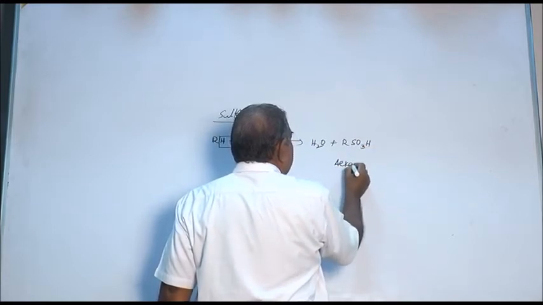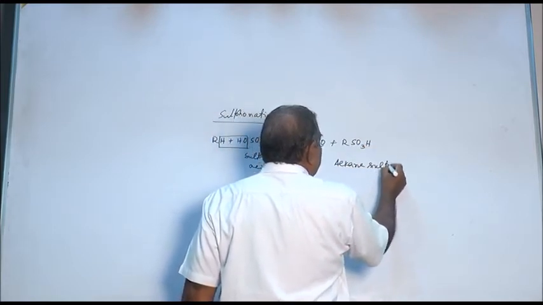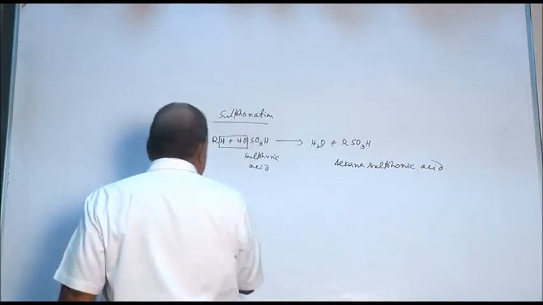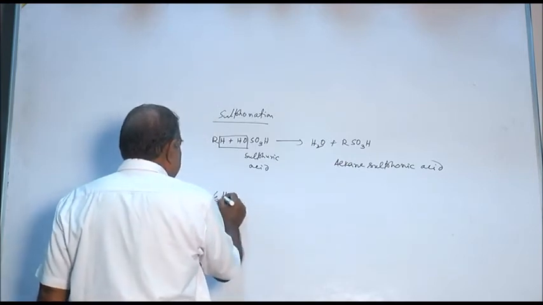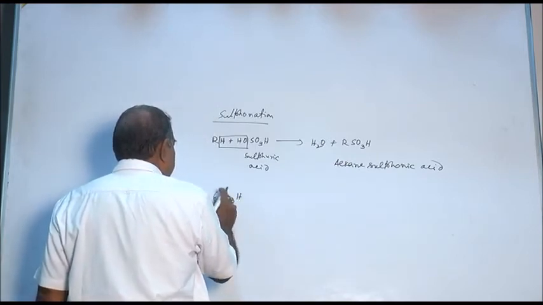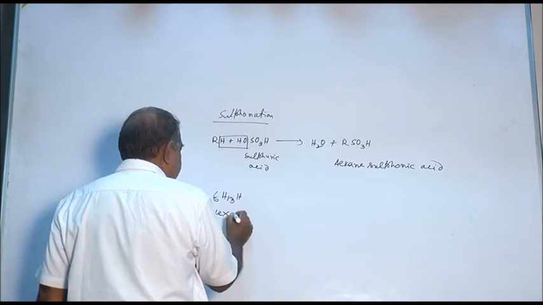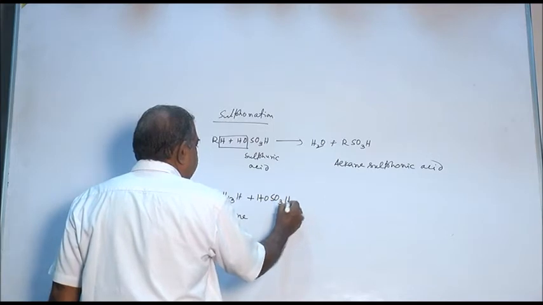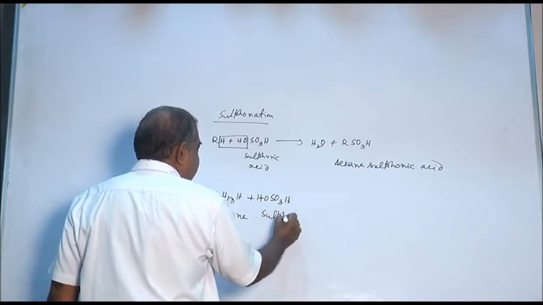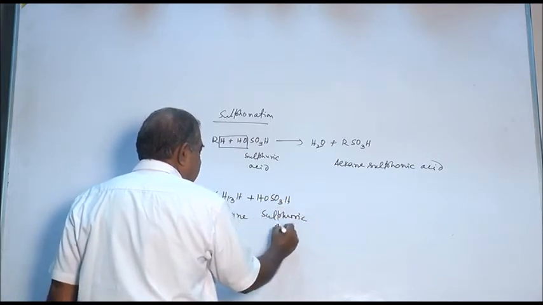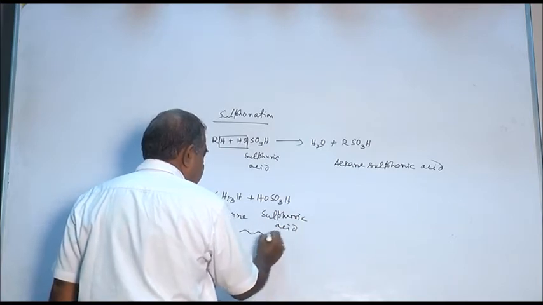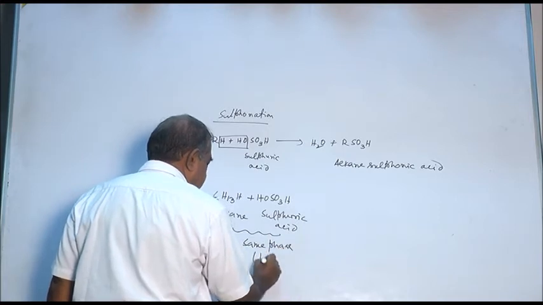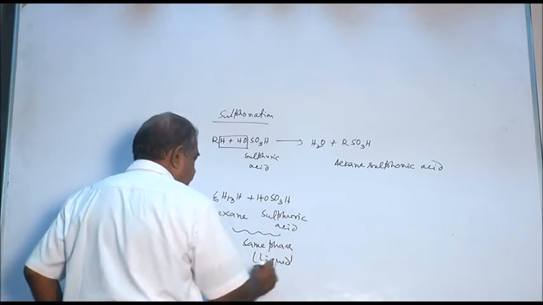alkane sulfonic acid. Though theoretically all alkanes can be sulfonated, it is the hexane and higher members that are easy to sulfonate because they exist in the same phase as sulfuric acid, that is in liquid state, liquid phase.